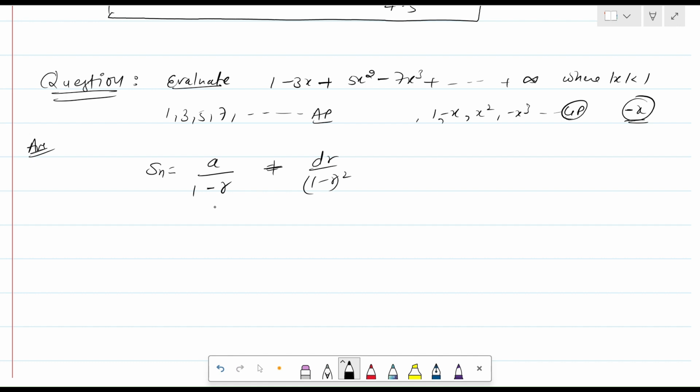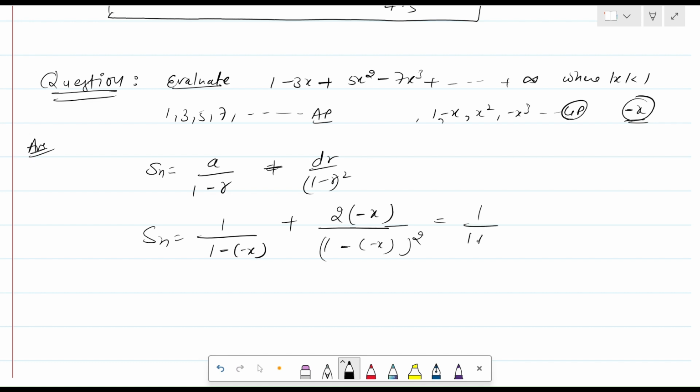So what is a here? a is the first term, it will be 1. What is 1 minus r? 1 minus minus x, plus what is d? d is 2. What is r? r is minus x upon 1 minus minus x whole square. Then what will it be? 1 plus x minus 2x upon 1 plus x whole square.